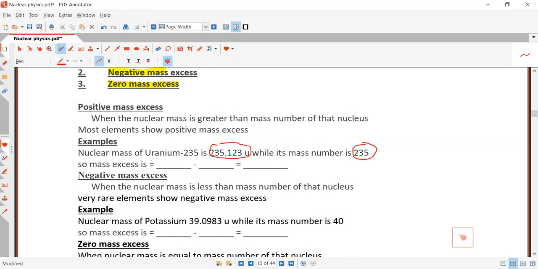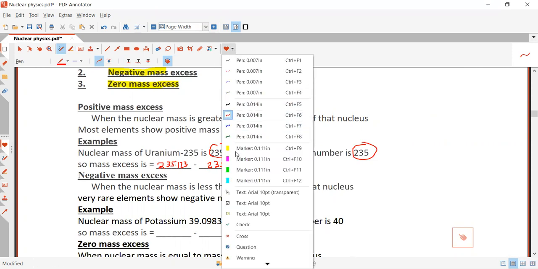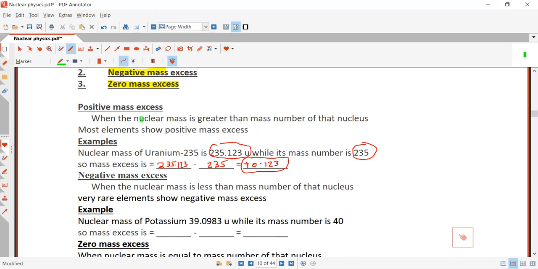So the mass excess would be 235.123 minus 235, which is 0.123. So this is a positive mass excess because it is a positive number, right? So how do we define positive mass excess? It is when the nuclear mass is greater than the mass number, right?